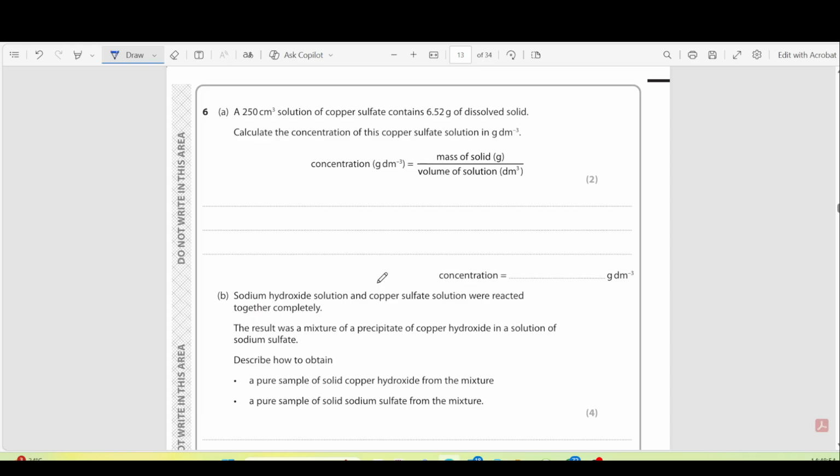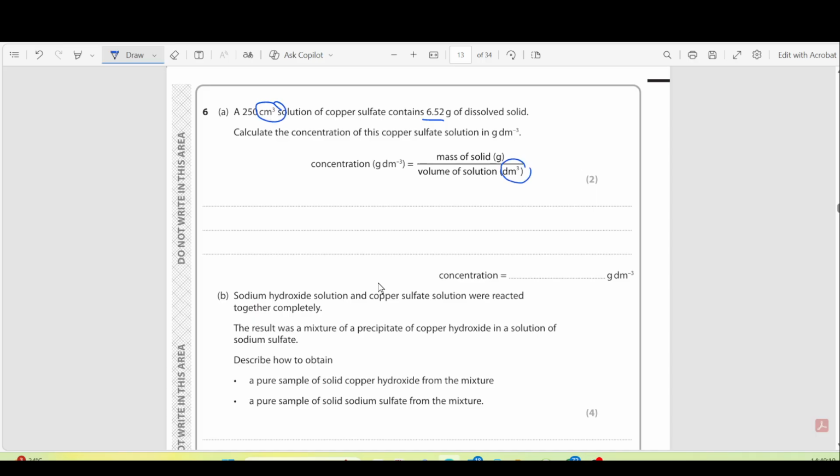So question 6 says a 250 centimeter cube solution of copper sulfate contains this much of dissolved solid. Calculate the concentration of this copper sulfate solution in gram per decimeter cube. Here the volume is given in centimeter cube.